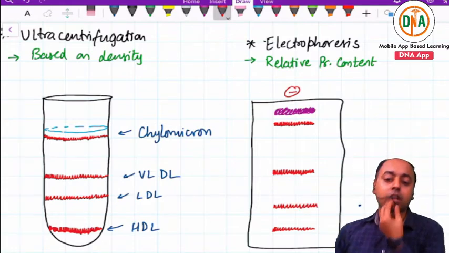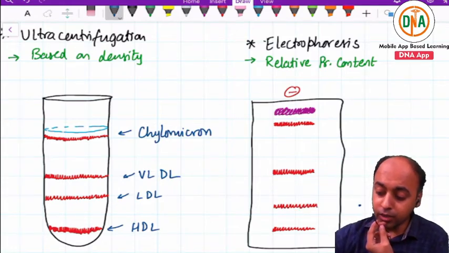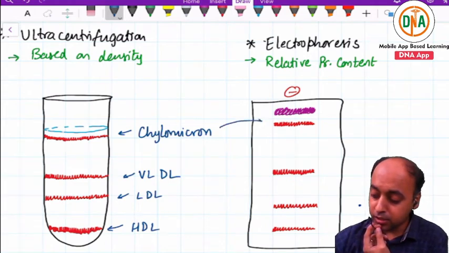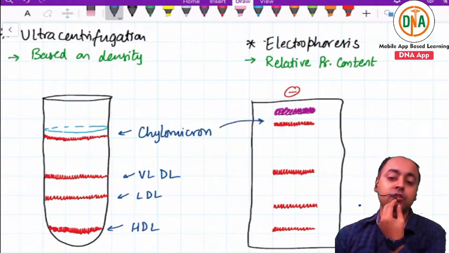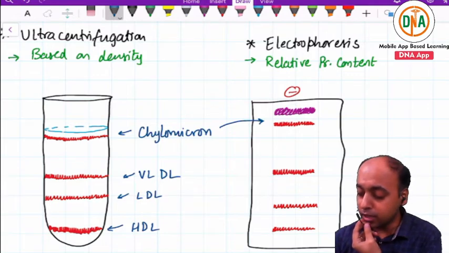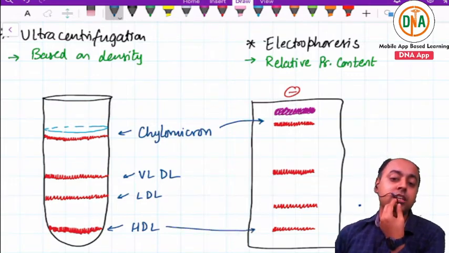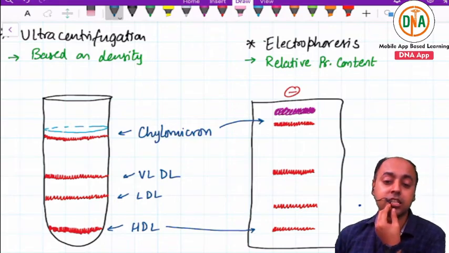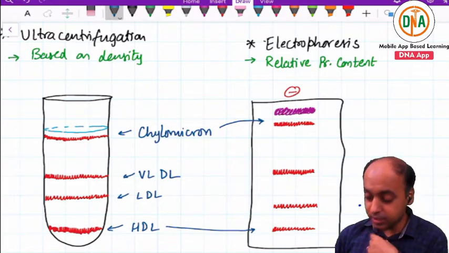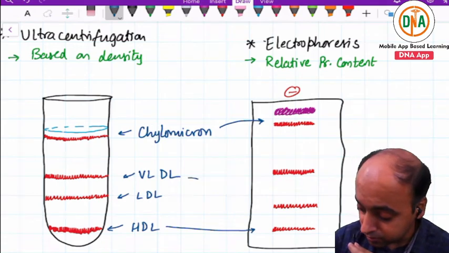Now here, if you look at the first layer, it is the same as in ultracentrifugation, that is the chylomicron. If you look at the last layer, it is the same as you see in ultracentrifugation, that is the HDL, but the intervening two layers are different.